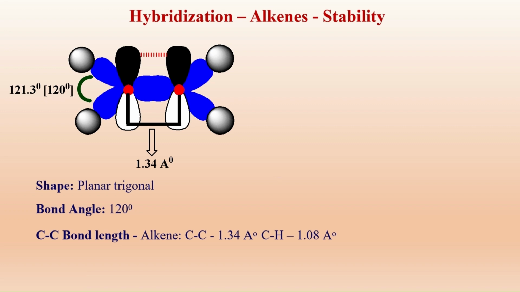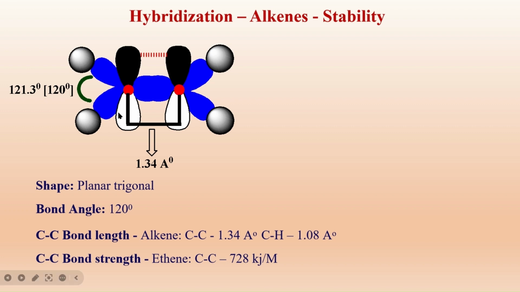The carbon-hydrogen bond length in the case of alkanes was found to be 1.10 angstrom units, but here the overlapping is much stronger. That's why it has become 1.08 angstrom units. It is 0.02 angstrom units less than that of alkanes.